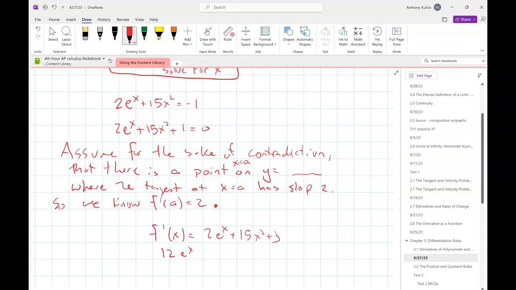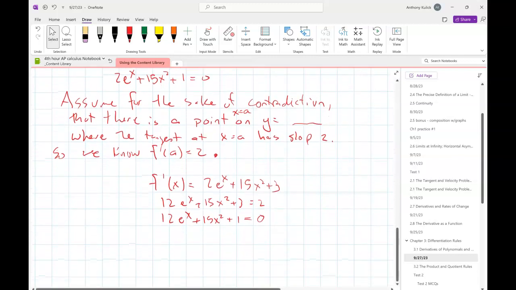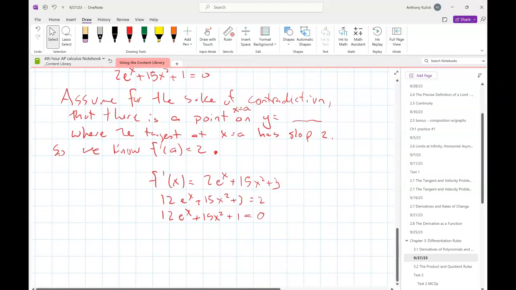And I set that equal to 2. And I have this. So far, so good. Just like we did. Oops, except there should be an a here. I should say that's an a instead of an x.